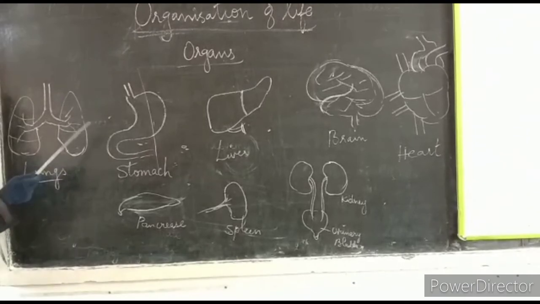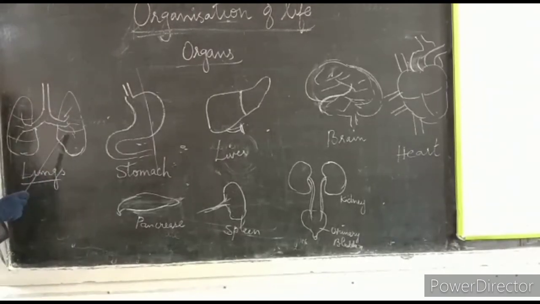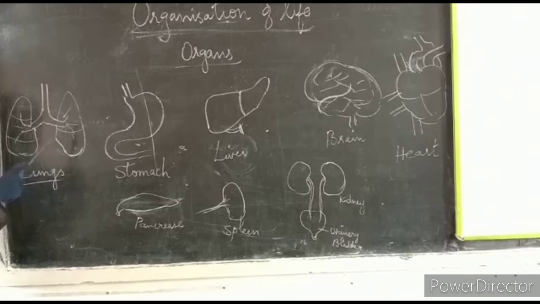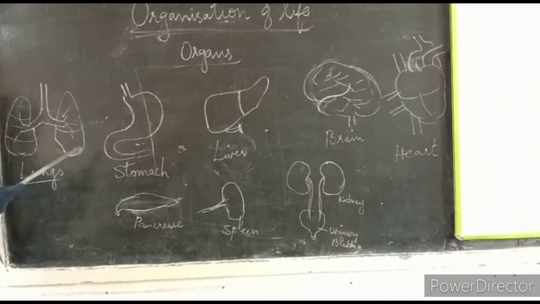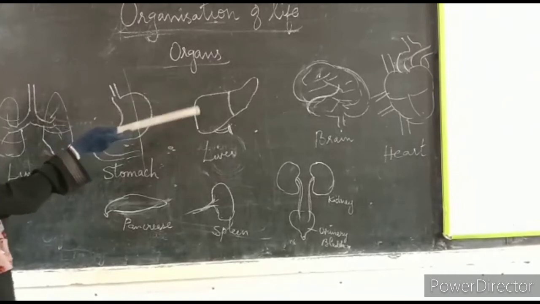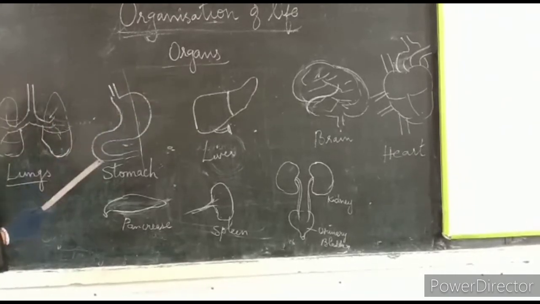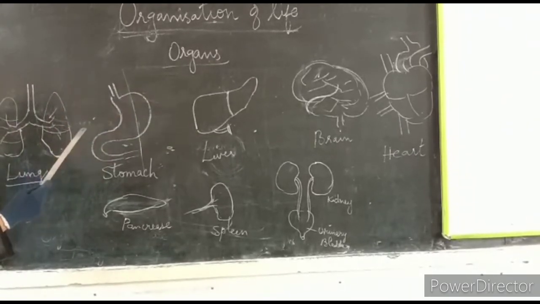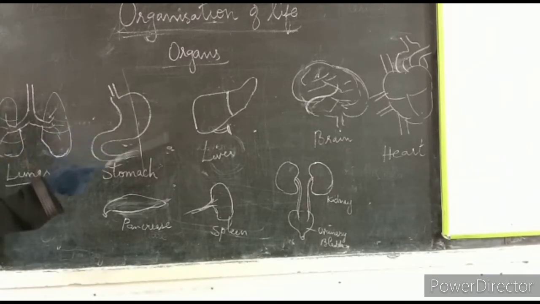From the lungs, the oxygen is mixed with the blood, and then from the heart, the pure blood, that is the oxygenated blood, is moved to all parts of the body. That oxygen is again helpful in respiration. After respiration, the carbon dioxide is carried in the deoxygenated blood and then comes towards the lungs.